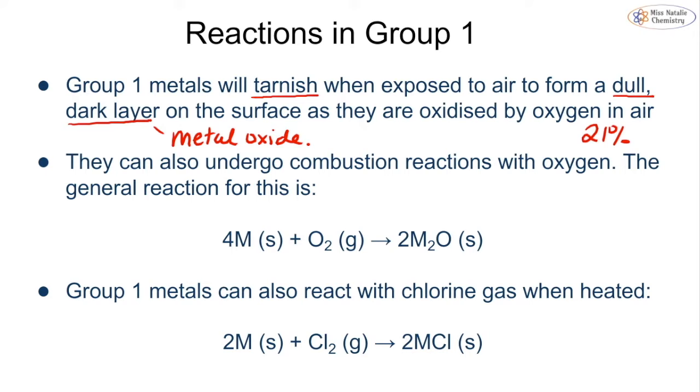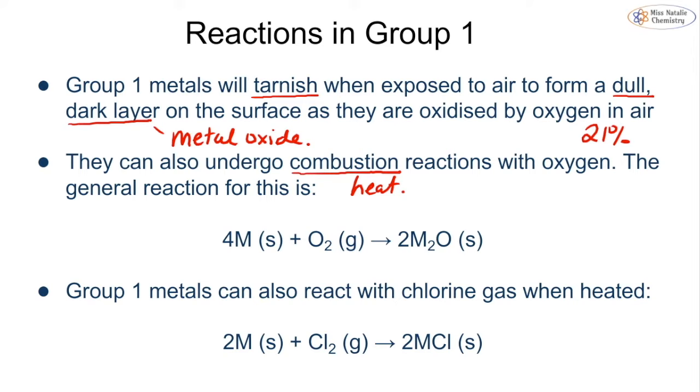They can also react with oxygen in combustion reactions if we add in heat. And the general equation for this is 4 atoms of our metal M reacting with an oxygen molecule to give us 2 molecules of M2O(s).